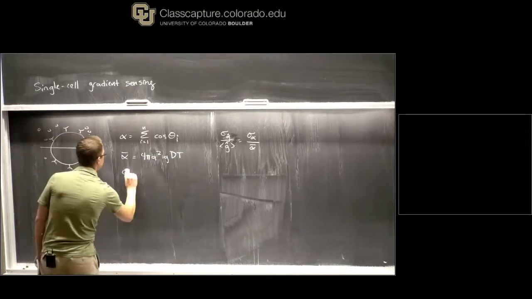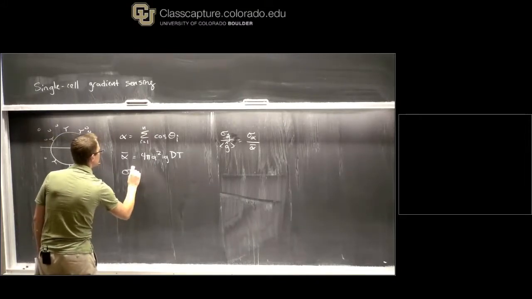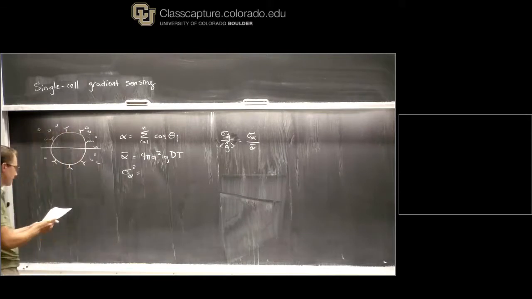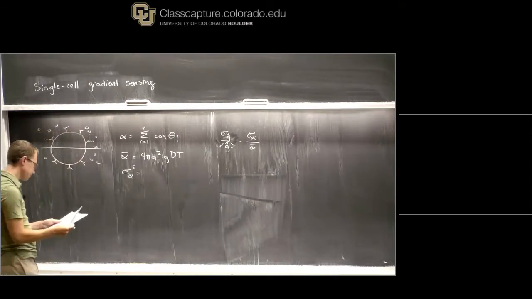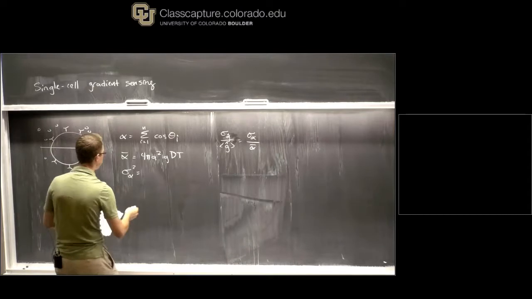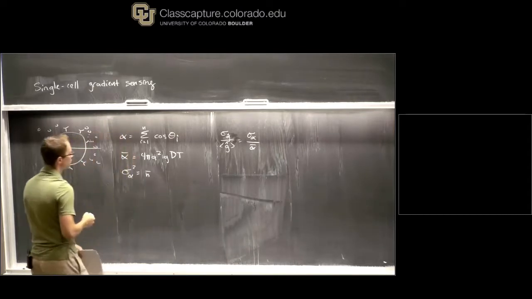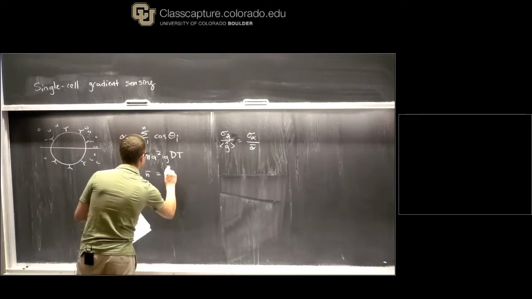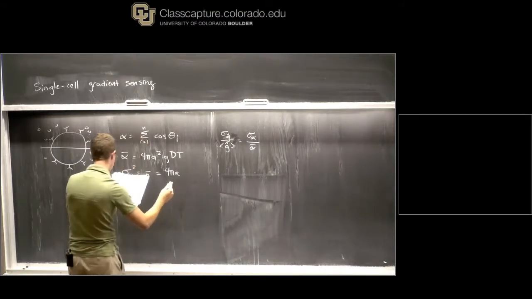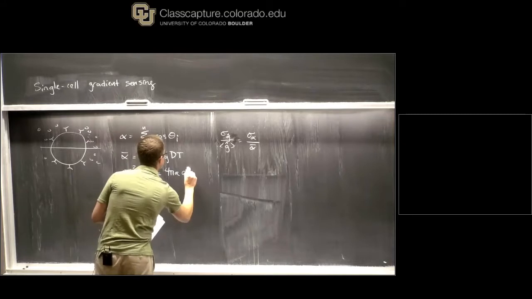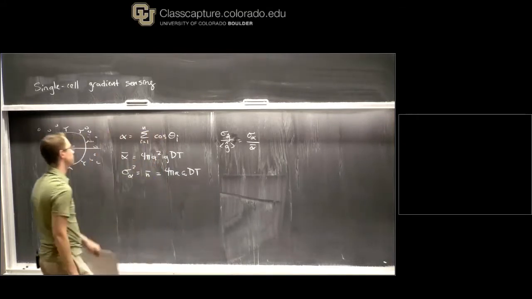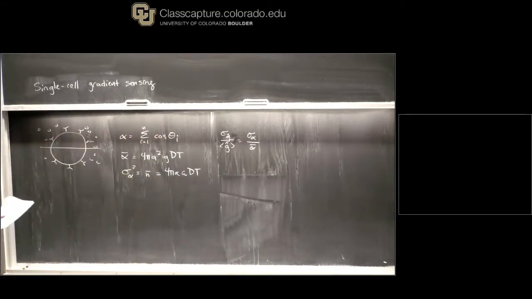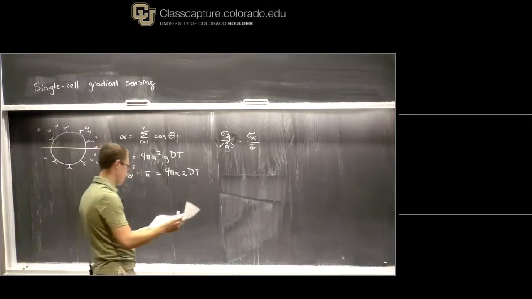And the last thing we did was we calculated the variance in this statistic, and we found that it was simply equal to the mean number of molecules counted, which was 4 pi a times c naught times dt. And so we can put these things together.